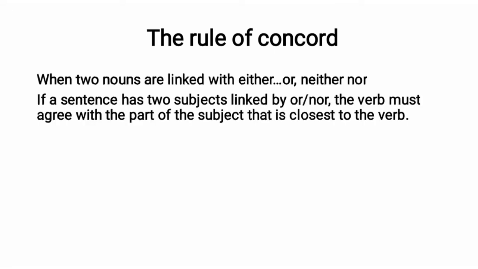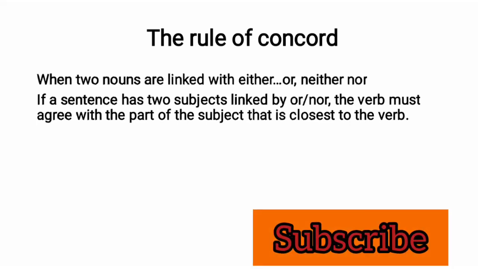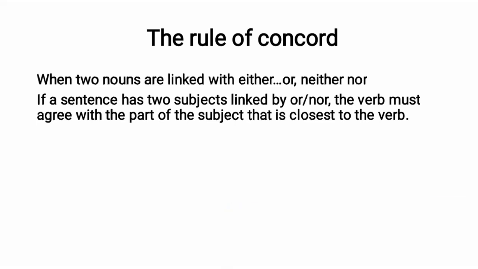When two nouns are linked with either or, neither nor, the rule of Concord says that if a sentence has two subjects linked by or, nor, the verb must agree with the part of the subject that is closest to the verb.